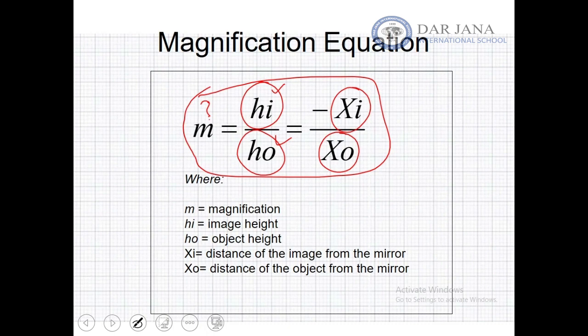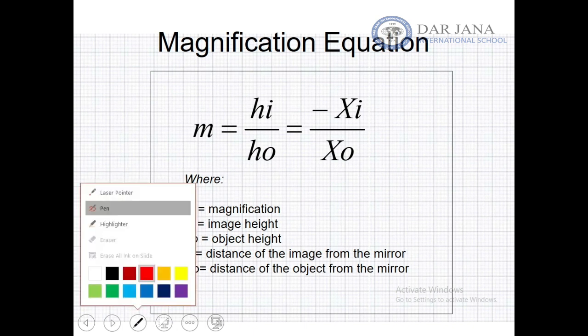Now, if XI and XO were given, and you need to find M, we use M equals negative XI over XO. Sometimes M will not be given at all, and we may give you XI, HI, HO, and you need to find XO. So you will use HI over HO equals negative XI over XO, only the right part. So everything depends on the chosen given. That's why the given is so important.